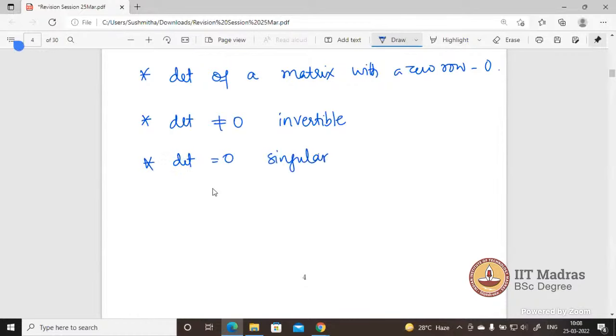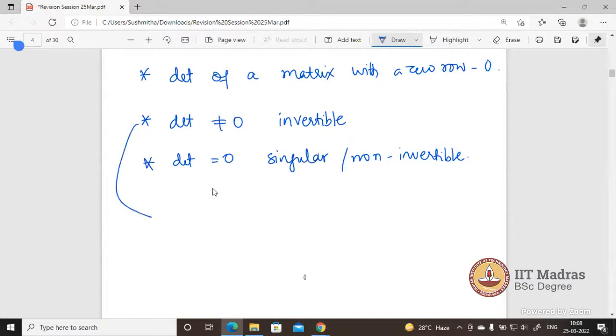I'm just saying that if the determinant of any matrix is non-zero, the matrix is said to be invertible. And if the determinant is 0, it's singular or non-invertible. These terms are used to tell that the matrix has determinant 0.